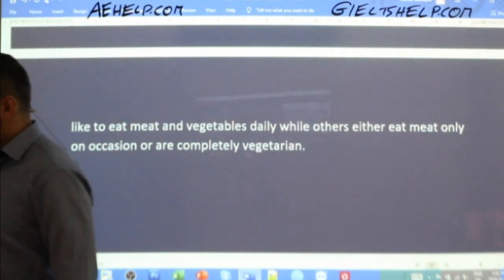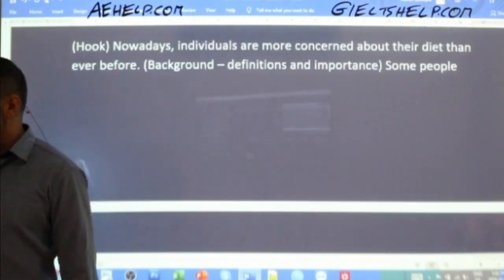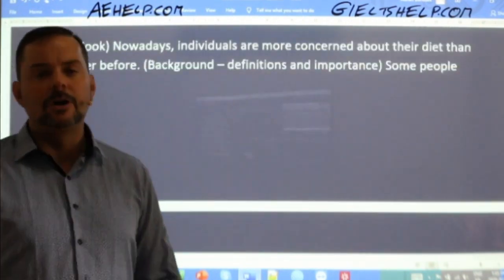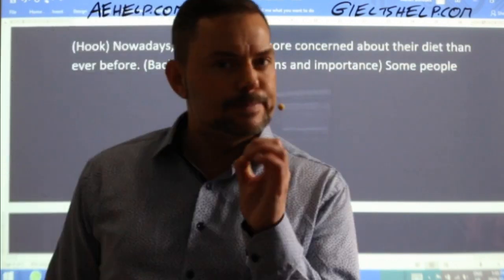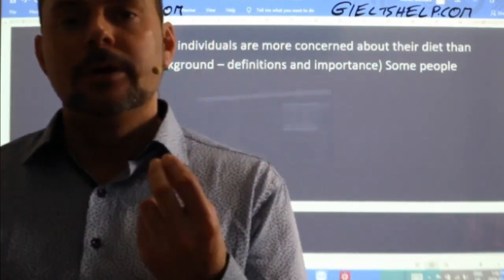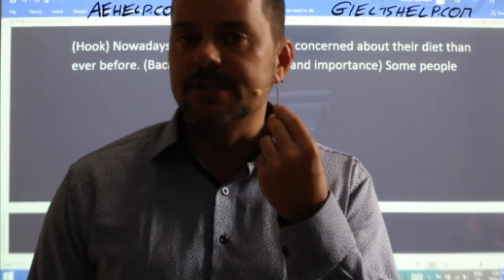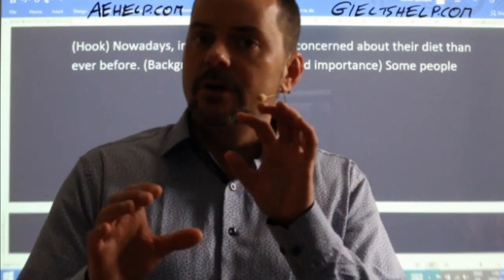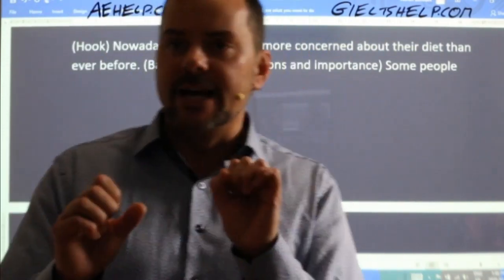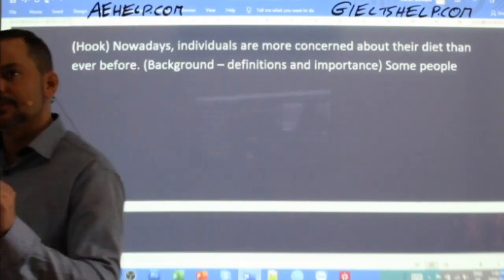Okay, so this would be my definition, just to give the reader a little bit more specific idea about the exact concept of different types of meat and vegetable diets. Does that make sense, what I'm saying here?